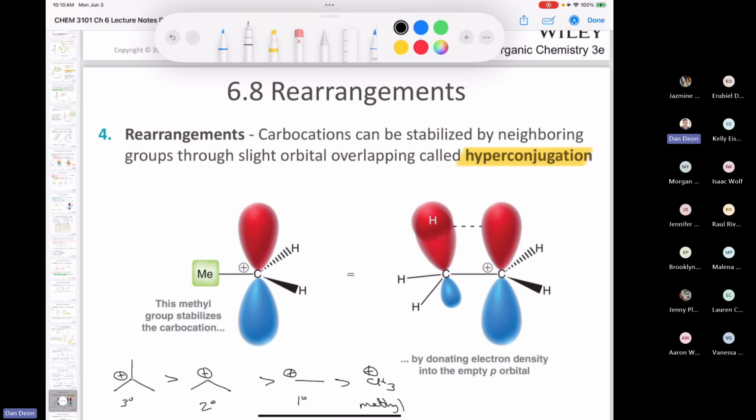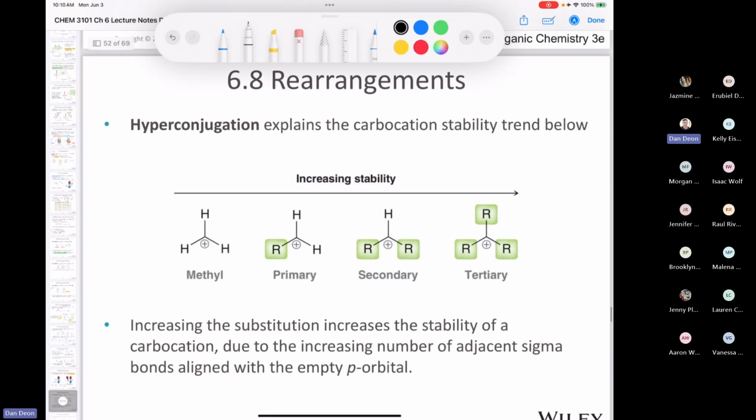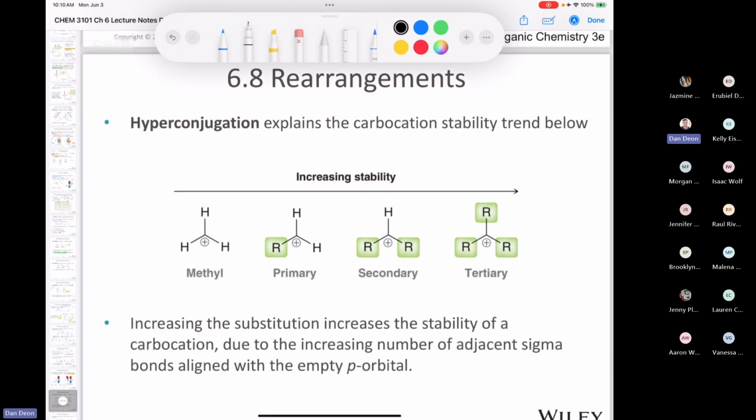And the reason why is because in order for the carbocation to be stable, it has to have more carbon atoms attached to the carbon with the positive charge. So the more carbon-based groups you have on your carbocation, the more stable it is. And so hyperconjugation explains the trend, and this is the trend that I just put on the previous slide. It's nothing new. I wrote it before.